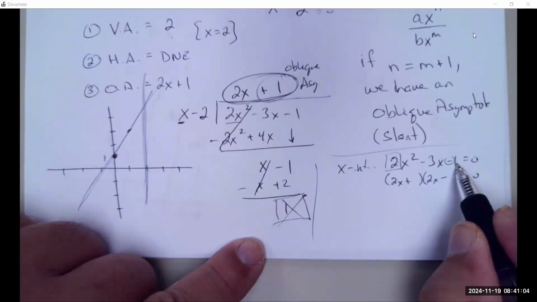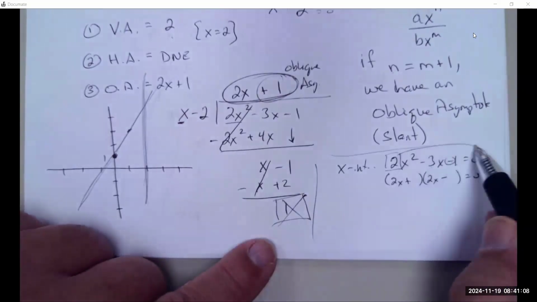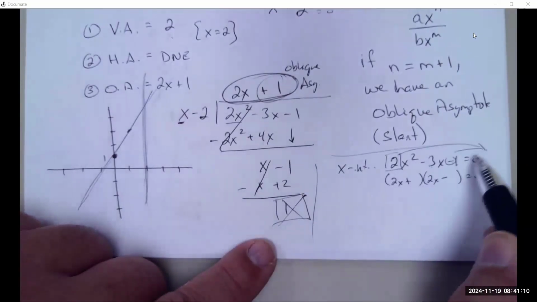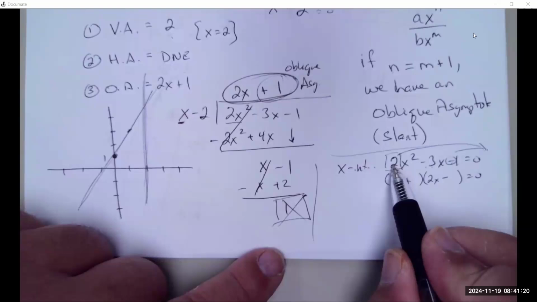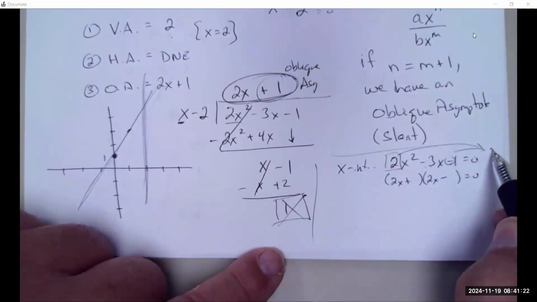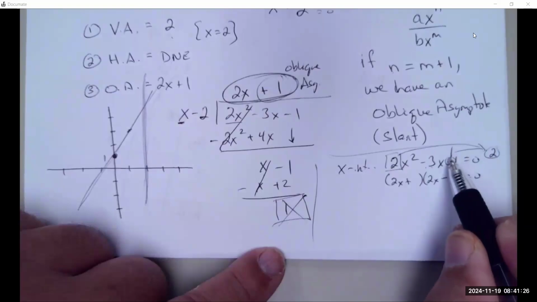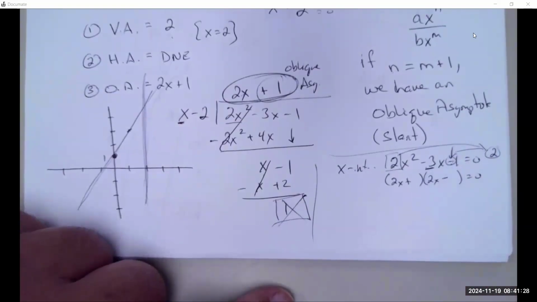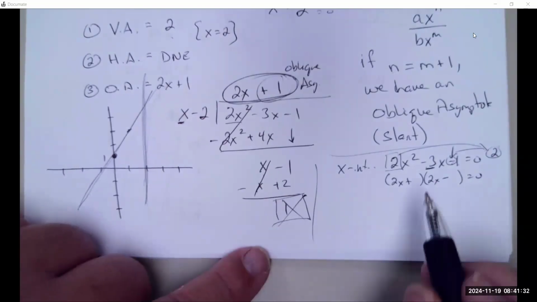What times what is 1? When you subtract them, you get 3. Well, we can't do that. It's 2 times 1. What times what is 2? When you subtract them, you get 3. Maybe take the first term, 2 times 1. That's 2. So what times what equals 2? When you subtract them, you get 3. Doesn't work. So we can't factor.